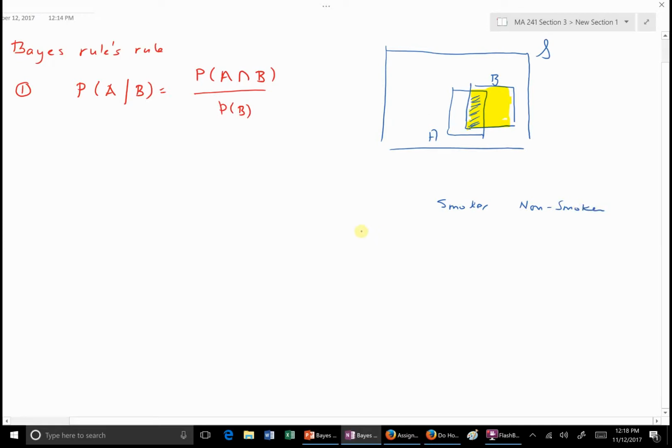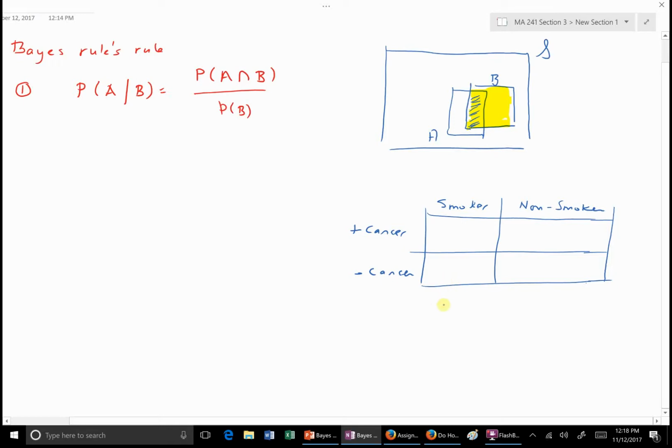And this will be whether or not they have lung cancer. So I'll put a little plus, meaning that they have cancer. And by cancer, I mean lung cancer. And a minus that they don't. And if you look at these numbers, you can find this data online. It's kind of interesting. But here's just some numbers that I'm going to make up.